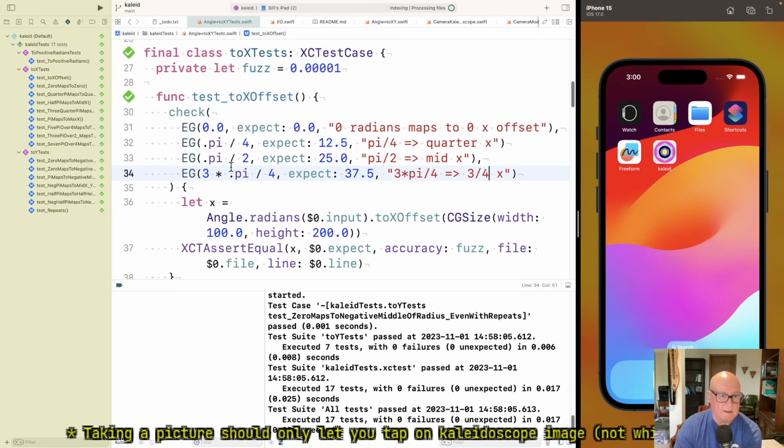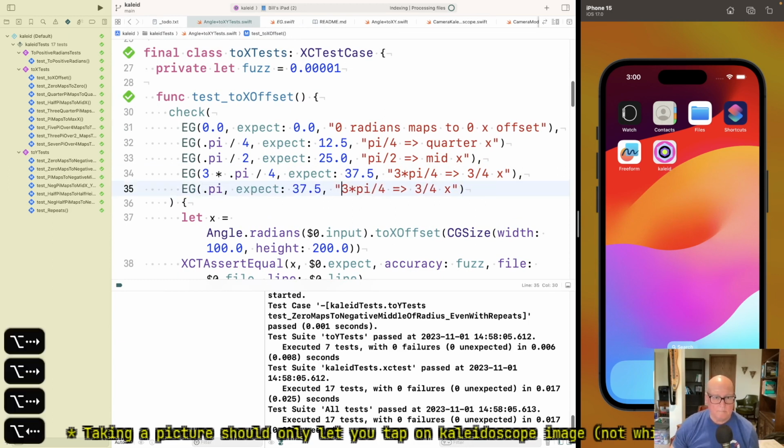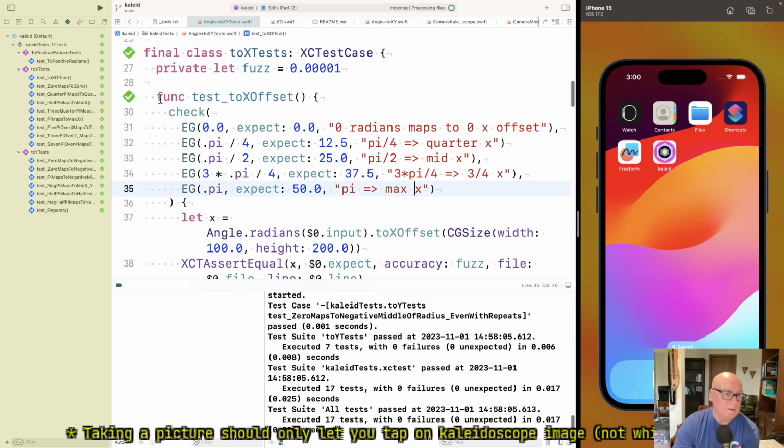Pi to max x. Okay, let's see how these do.